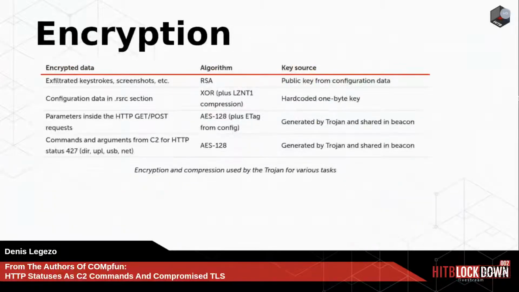Let us also take a look at the encryption schemes here. By the way, there are two parts which I try to cover in any report: the persistence part and the encryption part.